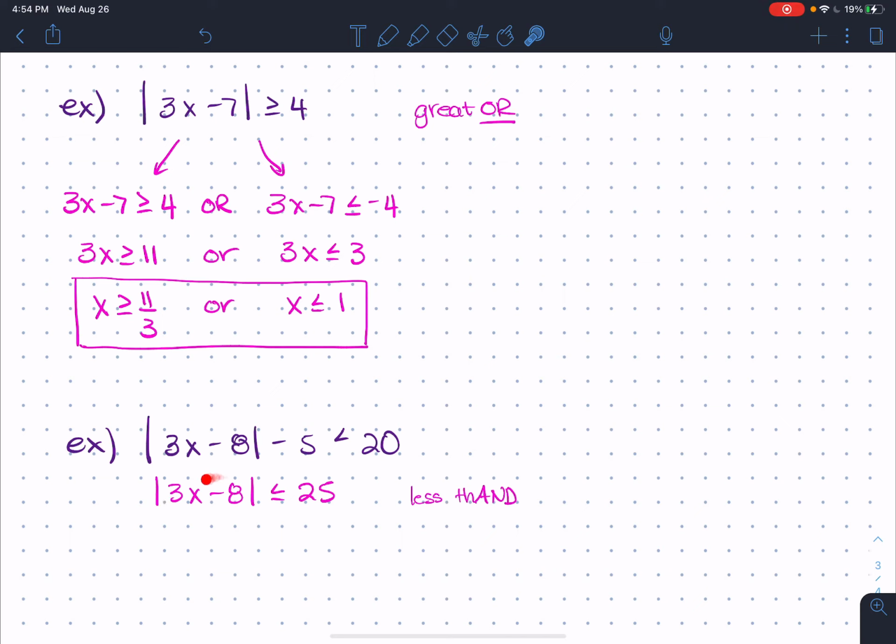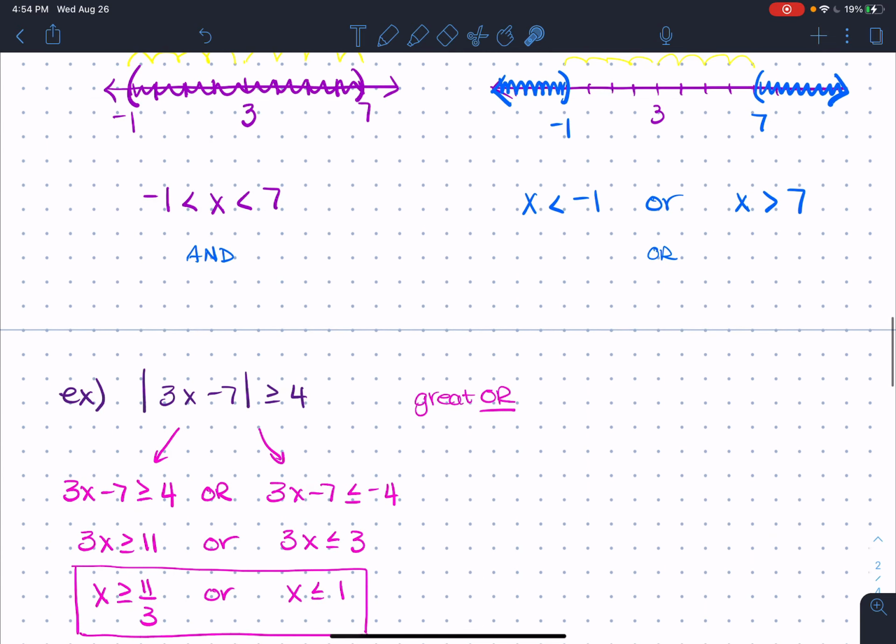So wait until the absolute value is by itself before you look at the symbol. It's a less than, so it's an and problem. So now we're going to create an and. Now you have your choice. Remember, and problems can always be written like this without actually using the word and. And that's probably the easiest way of setting it up.